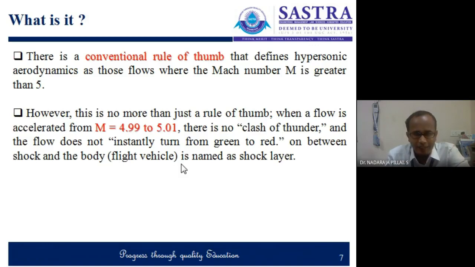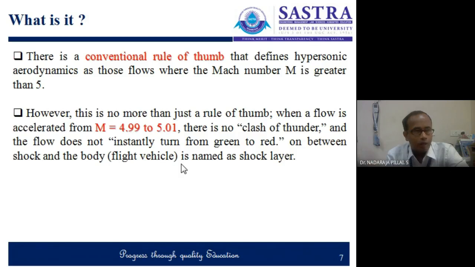So, is there something happening in the hypersonic flow where the Mach number reaches 4.99, and immediately at Mach number 5, there is something happening? Nothing happens, in my opinion. It is not like something turns from green to red or there is a clash of thunder.